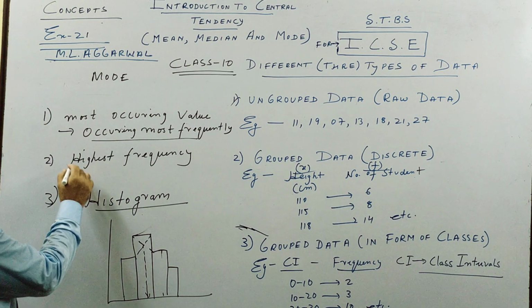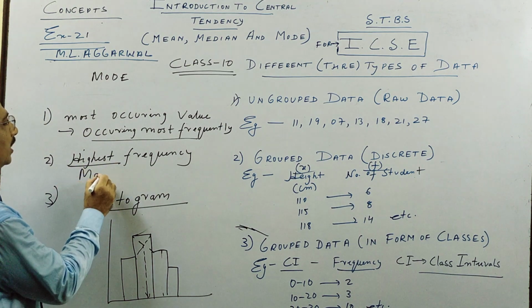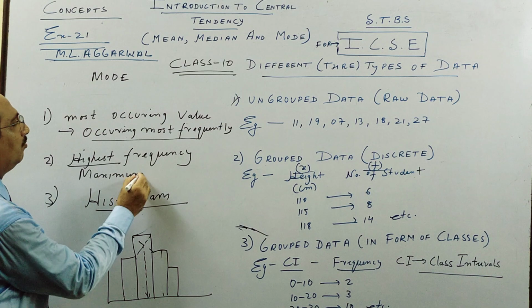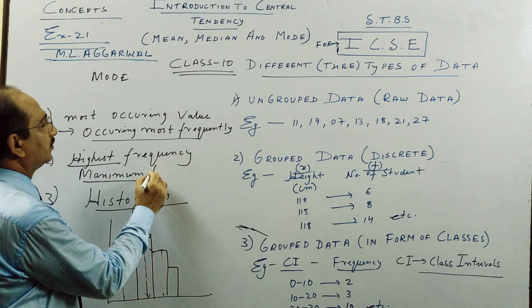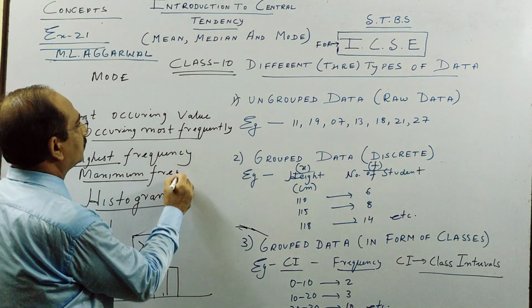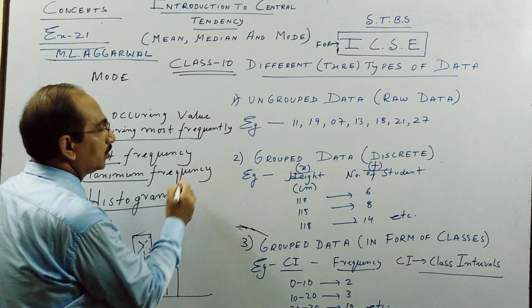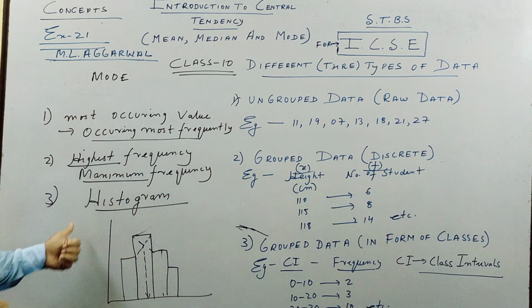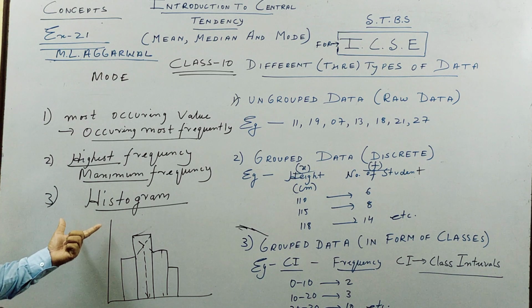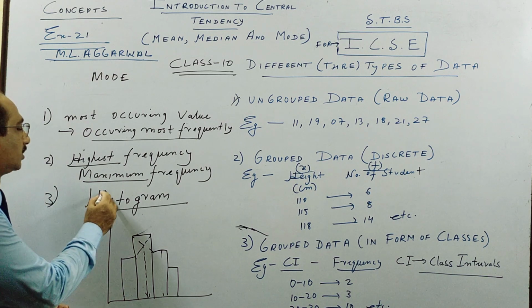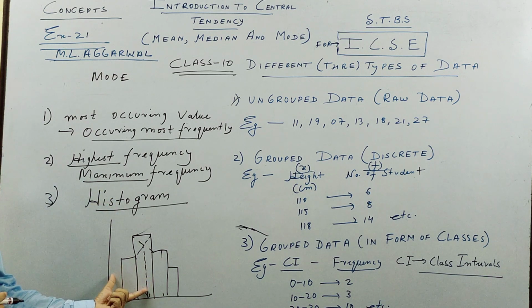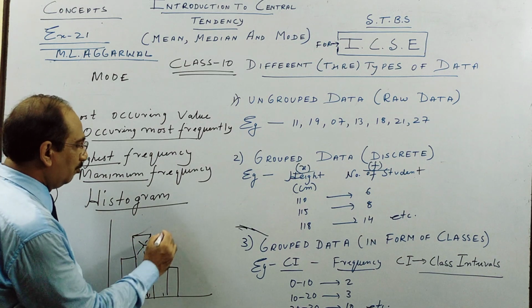And the second thing, highest frequency, you can also call maximum frequency. Okay, so you see the video to understand. And the third one is called histogram, where we draw a histogram and we get the mode.